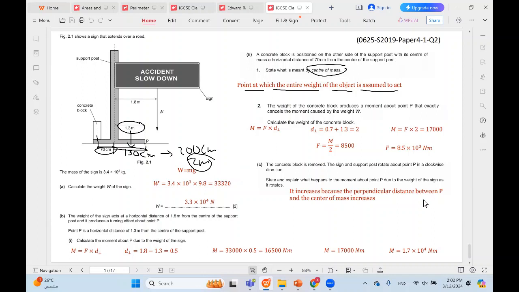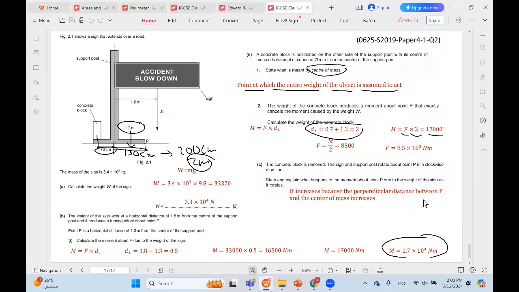Now, since the distance is 2 and we're trying to get the force, the force multiplied by 2 gives us the moment. How do we know the moment? We are told that the moment balances the moment of the weight of the sign. We already have the moment of the weight of the sign. So this is the clockwise moment that we have about point P. And the concrete block produces an anti-clockwise moment about P as well.